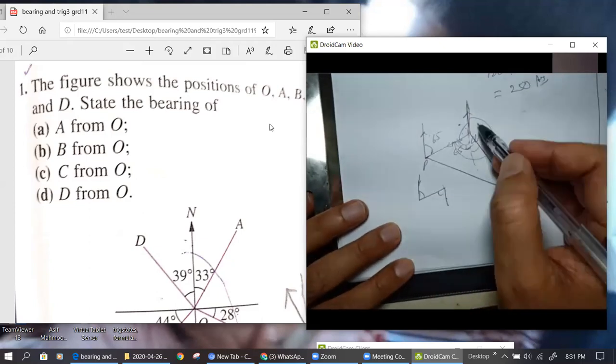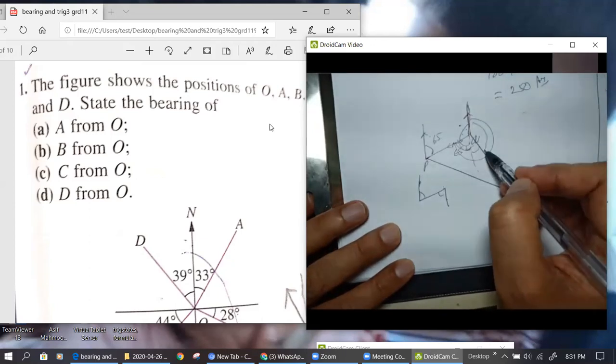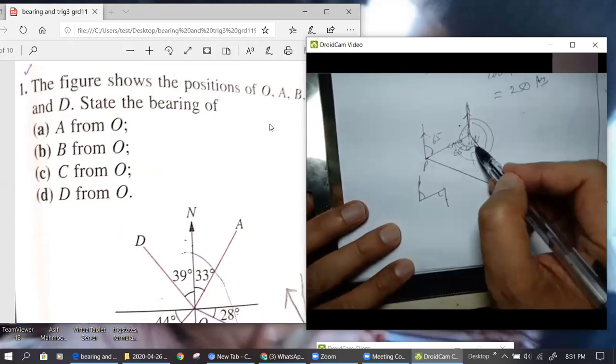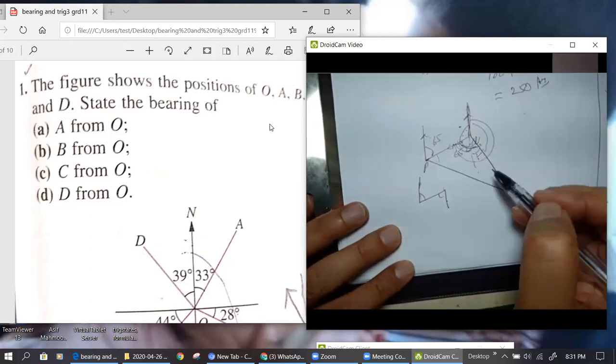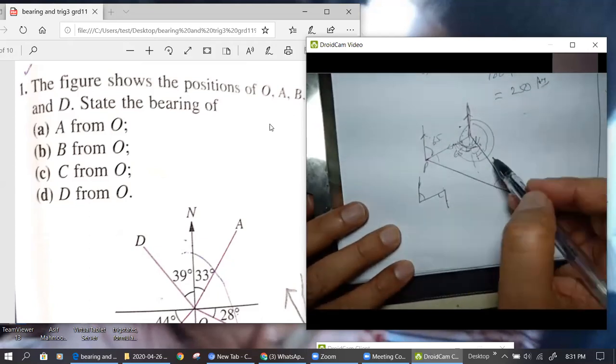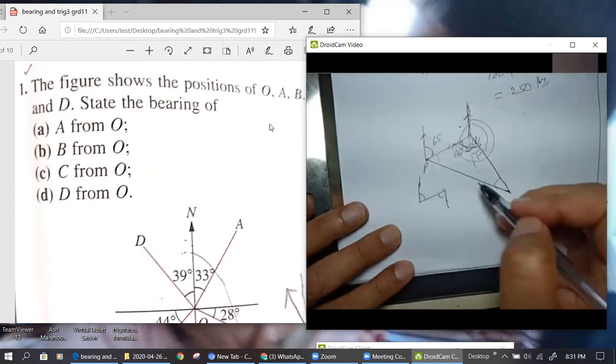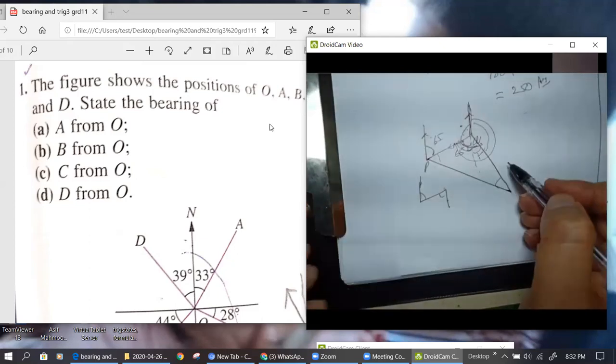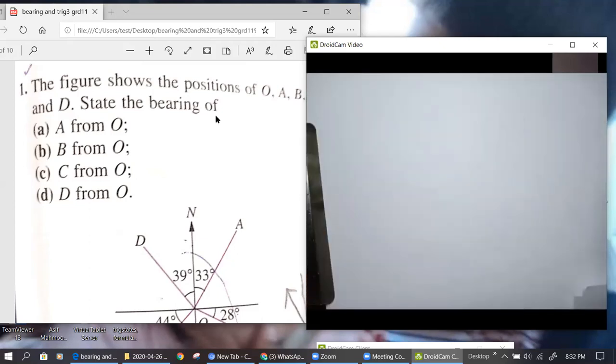So 180 minus this bearing, you will get this one. From these two you will get these two angles, right? And then you will find the missing thing. That kind of question comes. So we need to practice these things today. Okay, now inshallah we will try this question.